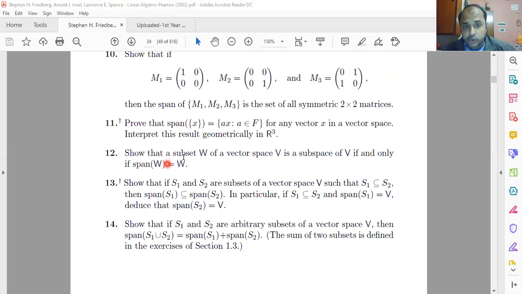Say for example, show that the subset W of a vector space V is a subspace of V if and only if span of W equals W. This result is very important.